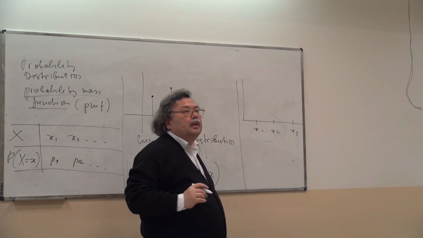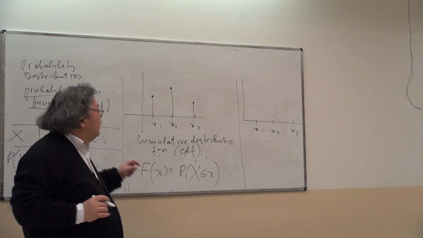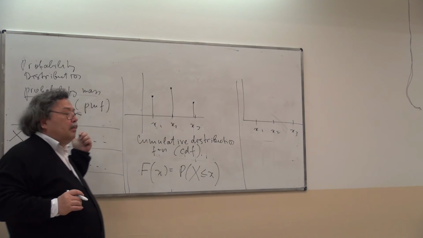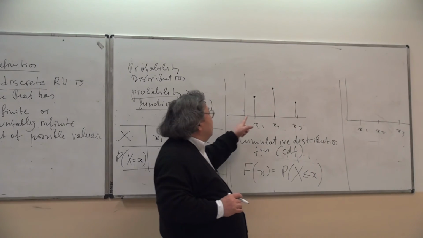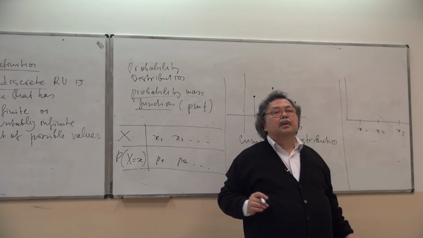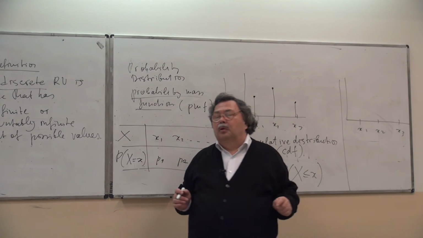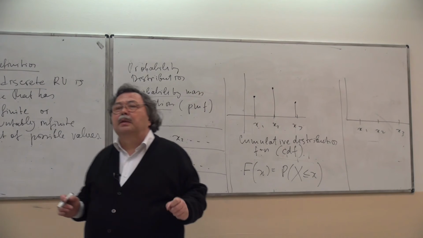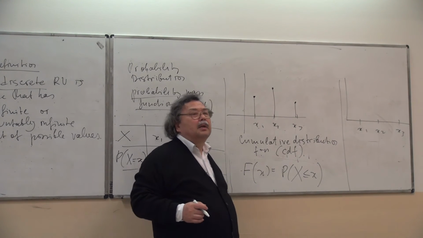Well, if we talk in terms of graphs, it's important to understand that the PMF, probability mass function, is only defined at separate points. It's not defined anywhere in between. The cumulative distribution function is defined everywhere for any x, and this is the definition.